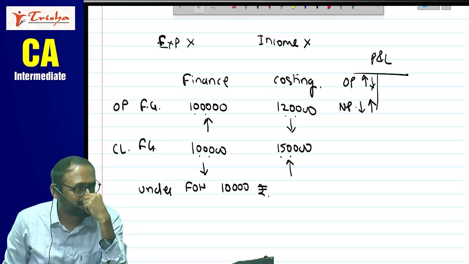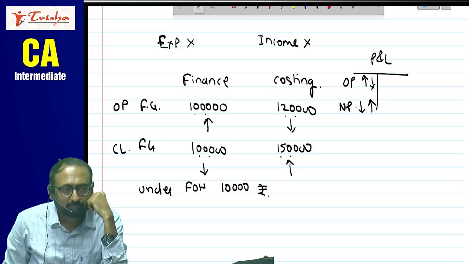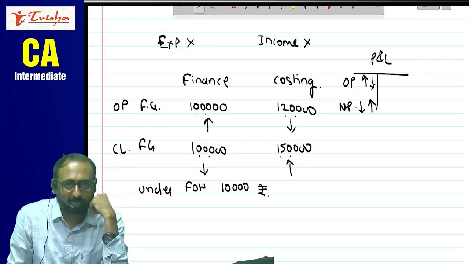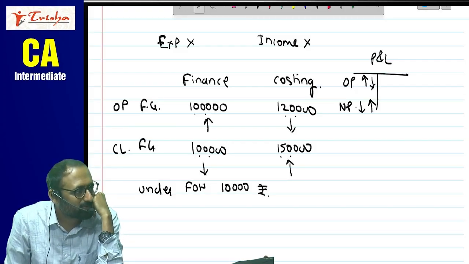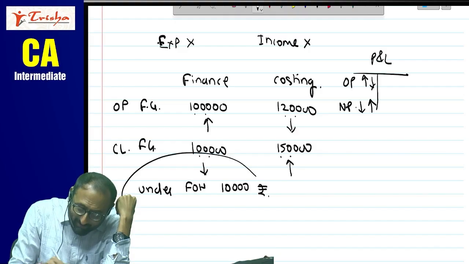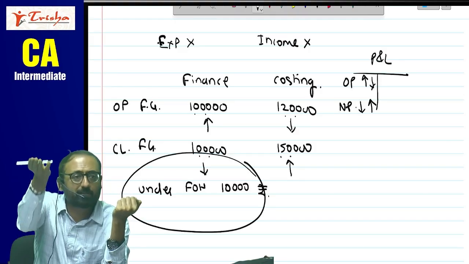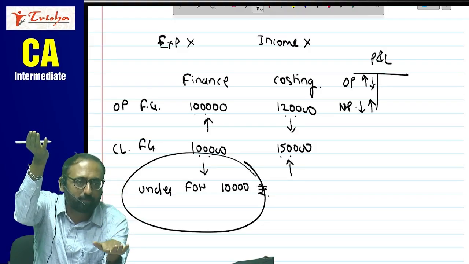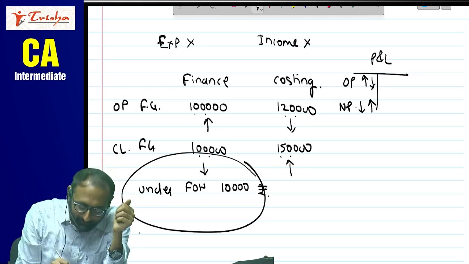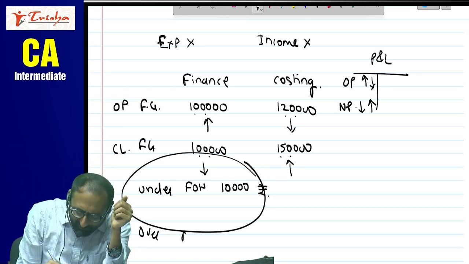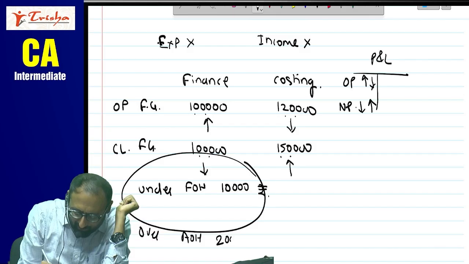The opposite answer you have given. Why? Under absorption means what? Less expenses you have taken in costing. Yes or no? So if you take less expenses in costing, costing profit will be more and finance profit will be less. Yes or no? Next one. Over absorption of administration overhead by 20,000 rupees.